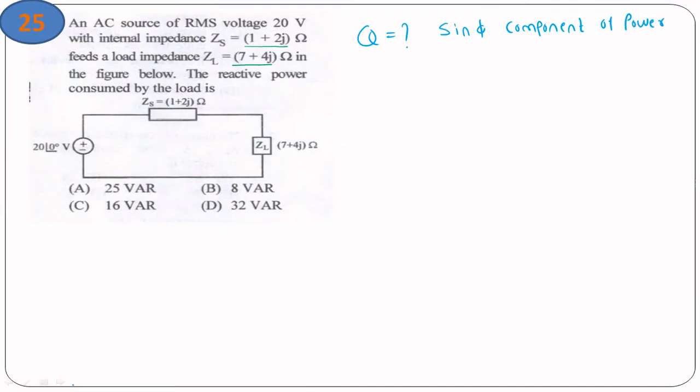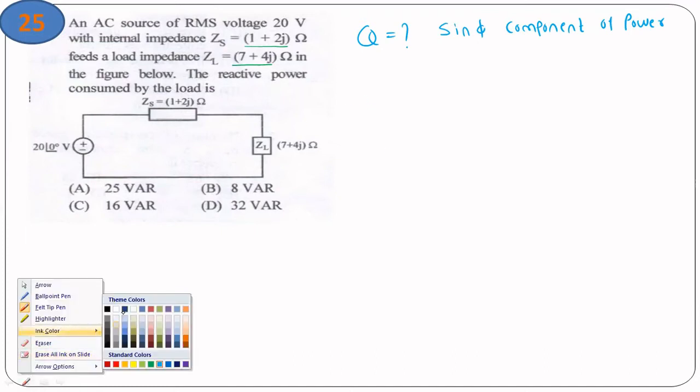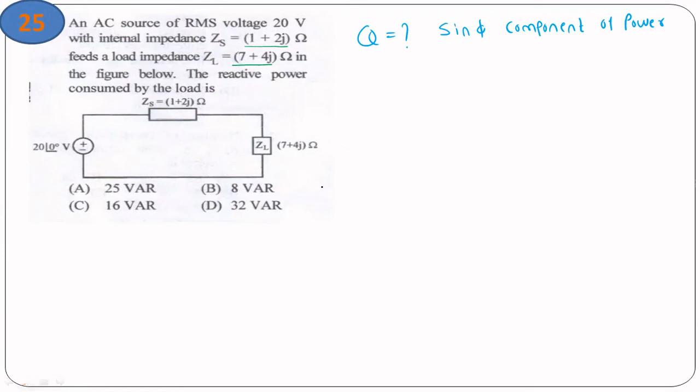By just looking at the circuit, we can easily write down that the total current in the circuit will be equal to V divided by ZL plus ZS. We know that V is 20 at an angle of 0 degrees, divided by ZL plus ZS.